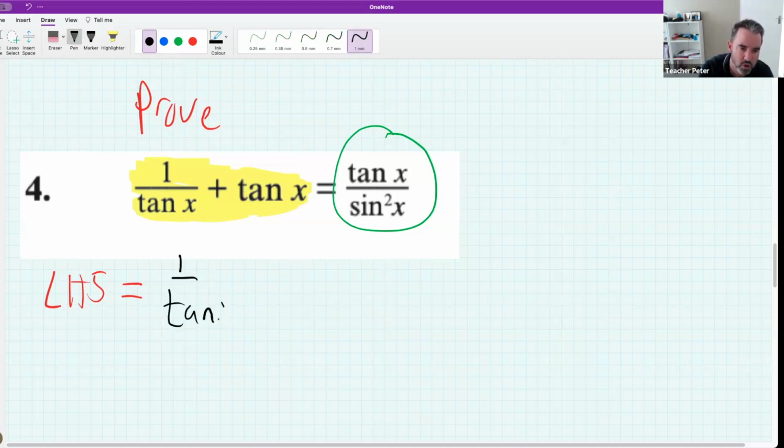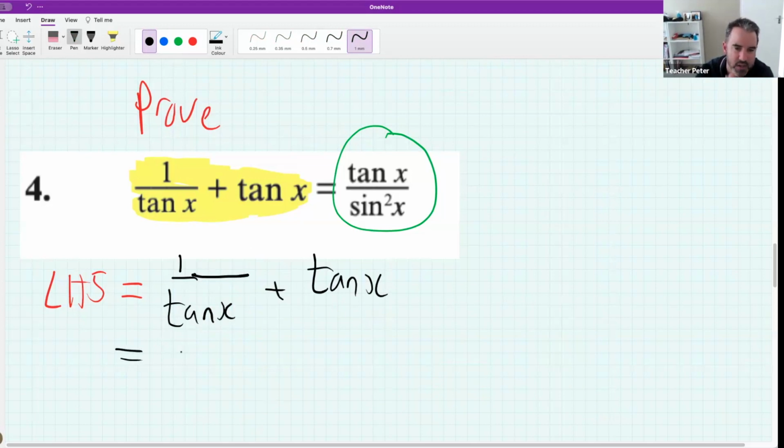Where would you start on your journey to prove that the left-hand side is eventually equal to the right-hand side? Who has some ideas? Where would they start with replacing things? Or what would they replace, I guess? I would replace the tan x.